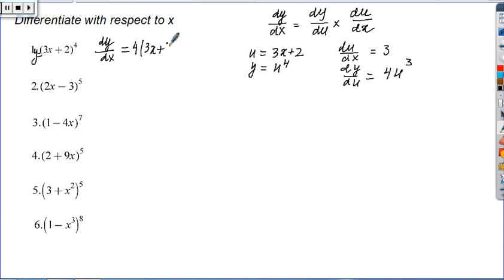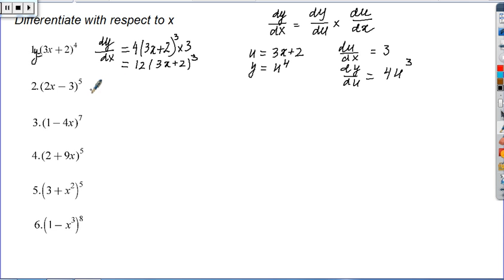Let's write everything in x's: (3x+2)^3, times du by dx, which is 3. So our final solution is 4 times 3 is 12, times (3x+2)^3.